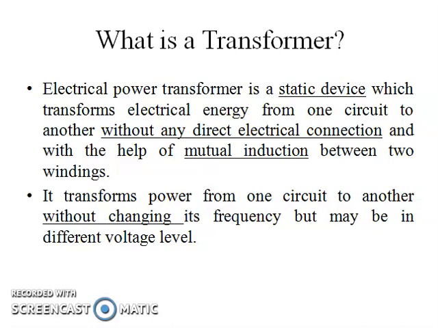It transfers the power from one circuit to another without changing its frequency. That is the most important part. The frequency remains the same, but the voltage level changes: in a step up transformer, low voltage to high voltage, and in a step down transformer, high voltage to low voltage.